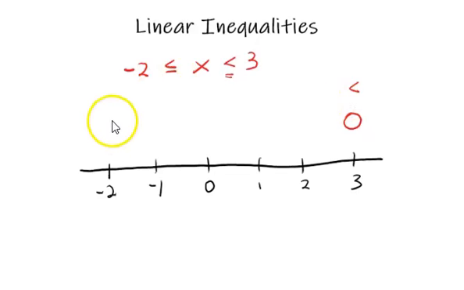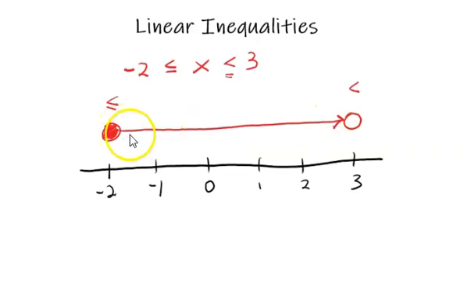Then we put another circle and shade it, because you have the sign more than or equals to. Then we draw a straight line here with the arrow. This is showing the number line for this range.